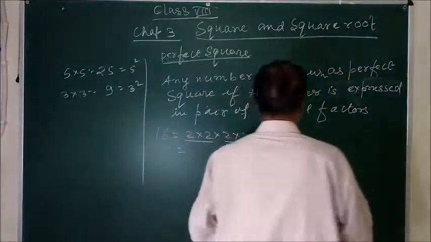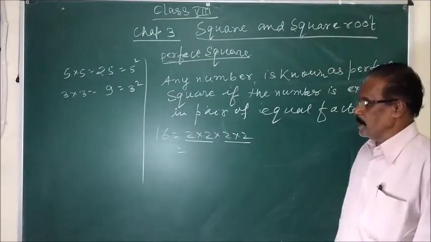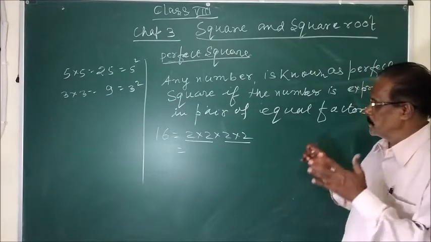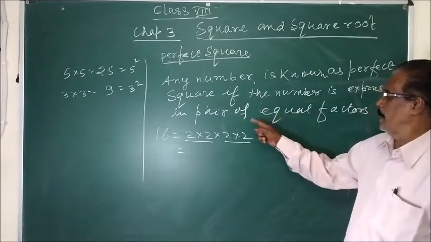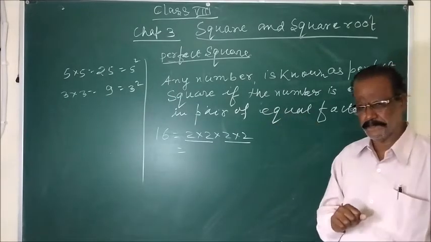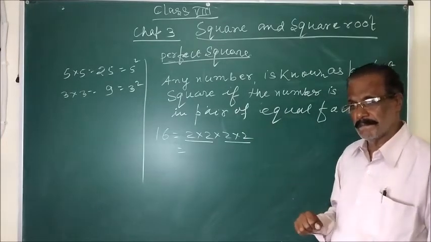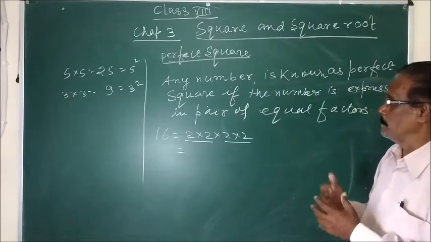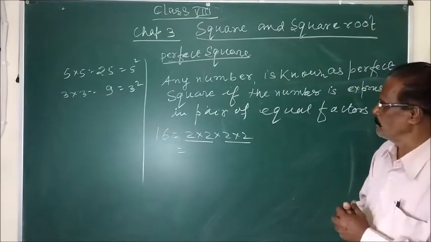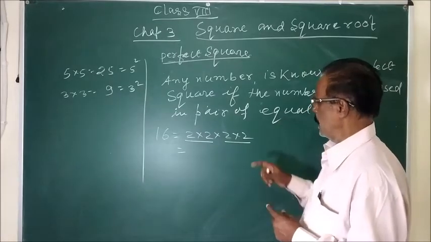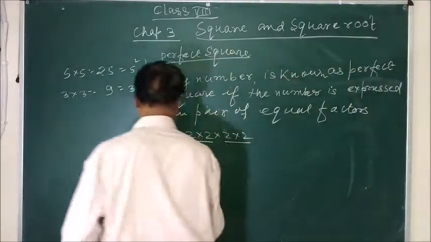Understand? So a perfect square is that number if it is expressed in pairs of equal factors. And if there is no pair, it's very clear, that will not be a perfect square. We should learn more examples.